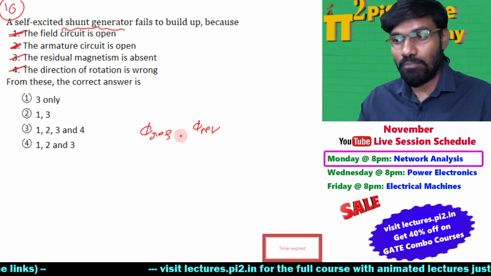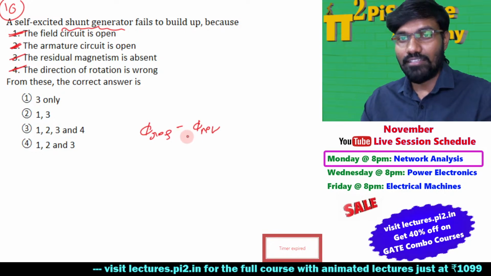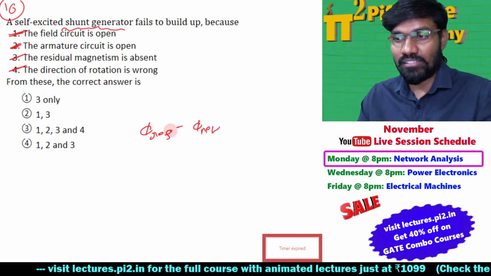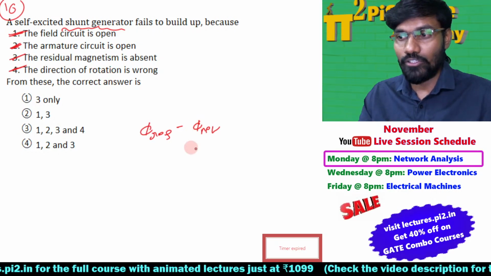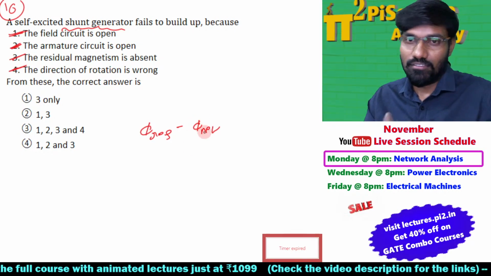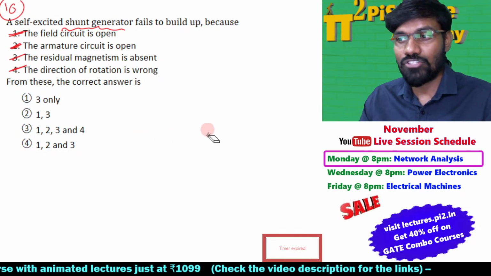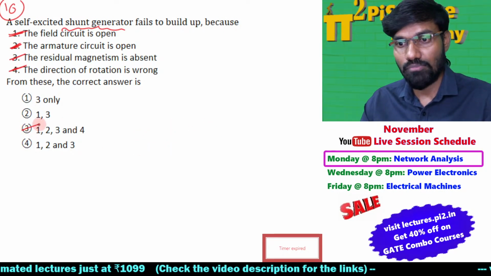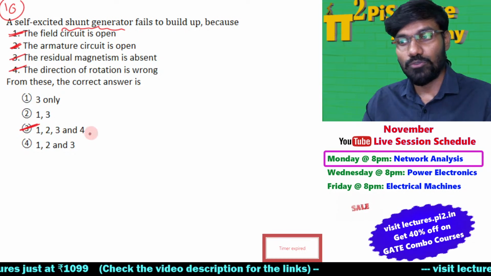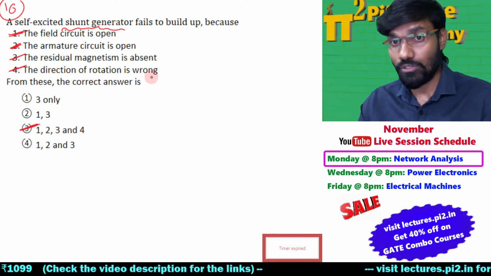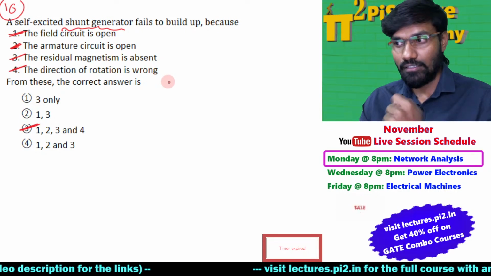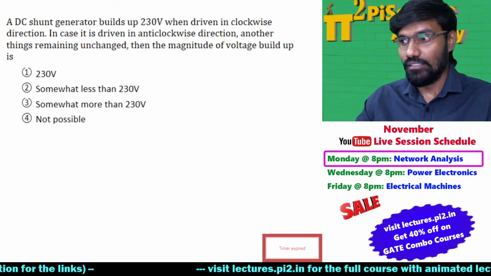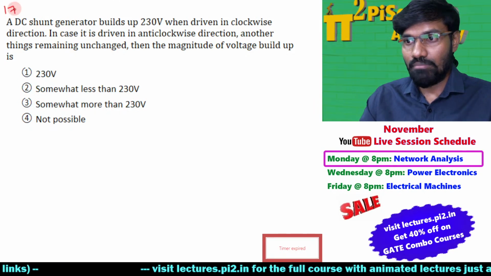If both are in opposite directions, the resultant flux will be 0. If the direction of rotation is reversed, the new flux will be opposite, so you get resultant flux 0. Yes, most of you answered correctly: 1, 2, 3, 4. Direction of rotation matters because it changes the current direction. Clear?